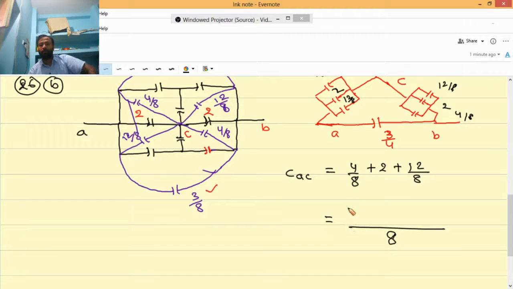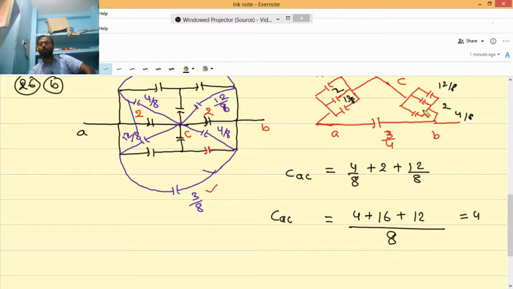Then there will be 4, so this value is 4, and this value will be 16. So 16 plus this value 12. So C A to C will be 20 plus 12, so 32 upon 8. So 32 upon 8 will be 4.